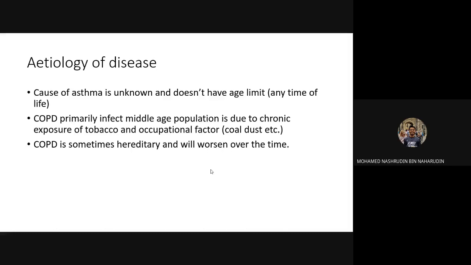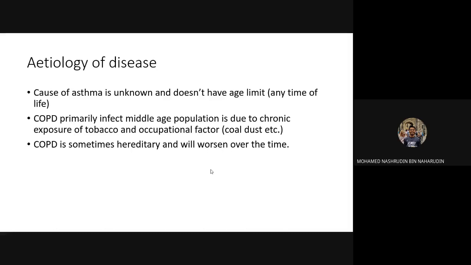The factors could be chronic exposure to tobacco, and also occupational factors, coal dust, silica, stuff like that. So class workers are the ones who are usually exposed to this kind of illness.